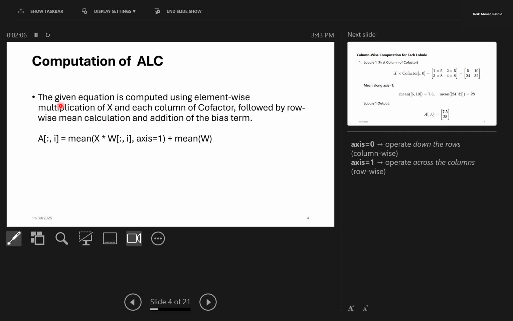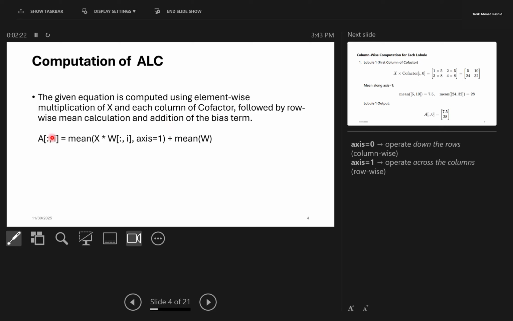Now, the given equation is computed using element-wise multiplication of x and each column of the cofactor, followed by row-wise mean calculation and addition of the bias term.